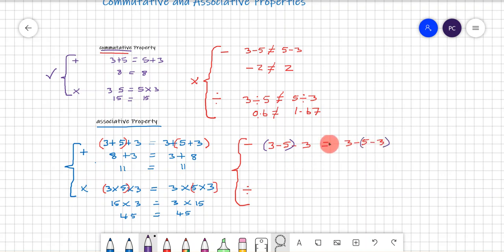So again, these are not going to be equal to each other. So 3 minus 5, that's going to give me minus 2, and then minus 3, and this is going to give me 3 minus 8. Okay, so minus 5 minus 3 is equal to minus 8. And if I subtract these from each other, so minus 2 minus 3 will leave you on minus 5, and 3 minus 8.